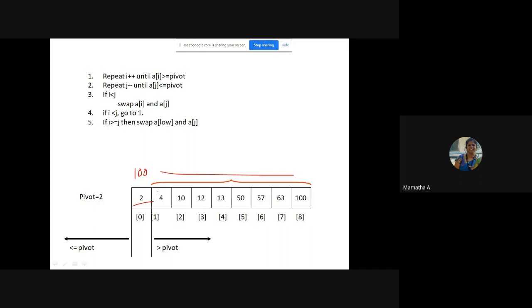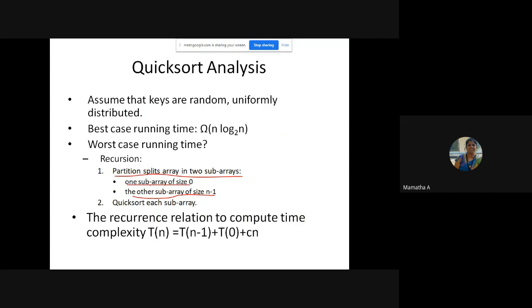Which half will be empty? The second half. That is towards the right, it will be empty. Whereas towards the left, it will be again having how many elements? n minus 1 elements. So you will have either of the case, ascending or descending, whatever it is, one subarray will be of size 0, the other subarray is of size n minus 1.